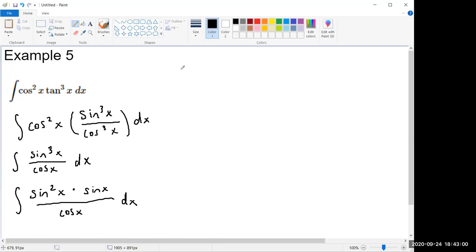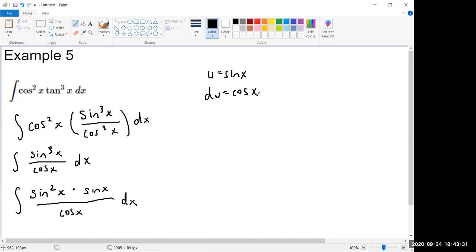Now what? I think I could see a good next step, but I'm gonna give everyone a chance to see if anyone else has any suggestions. You can make u sine of x and then find du. If u is sine of x, then du is cosine of x, right? Yeah.